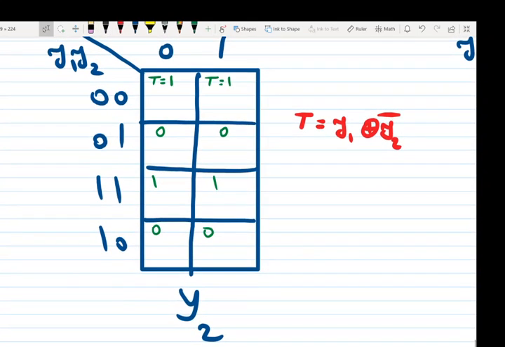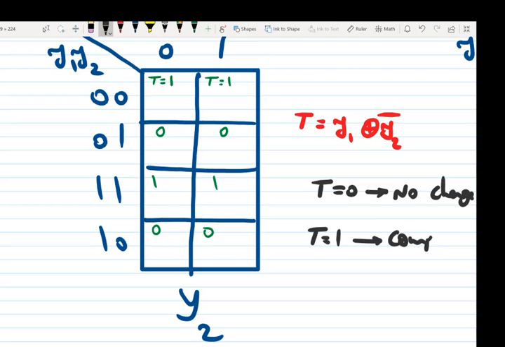Okay, now what about the value of Y2, capital Y2, in this table? We know that T equals 0 means no change. T equals 1 means complement. This is how a T flip-flop works. Because it's Y2, let's change the colors to red.